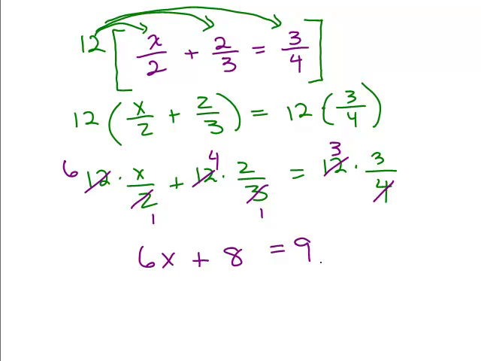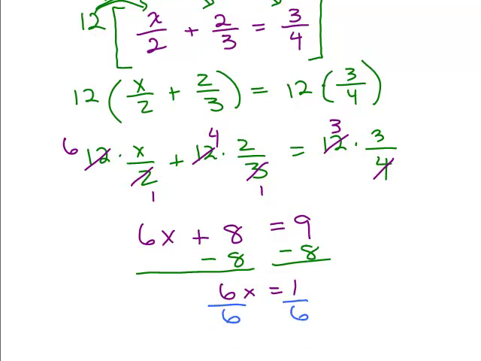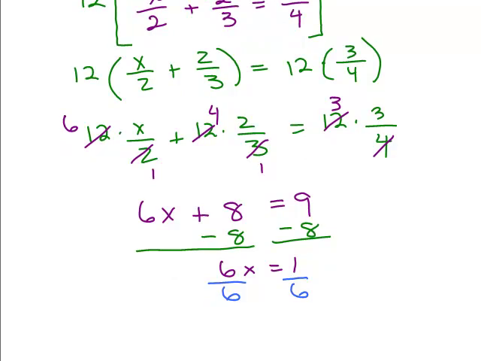So now I have an equation without fractions, easier to solve. So we'll subtract 8 from both sides and divide both sides by 6, so that we get x equals 1/6.